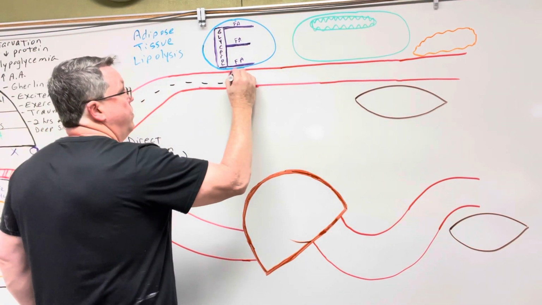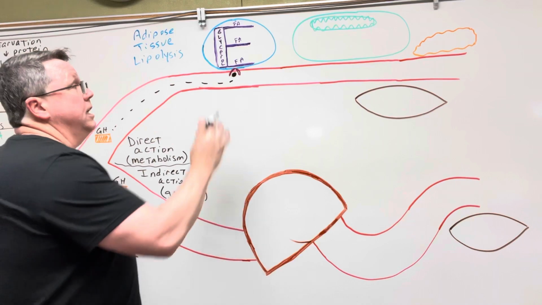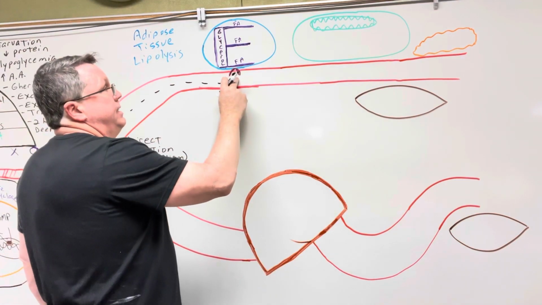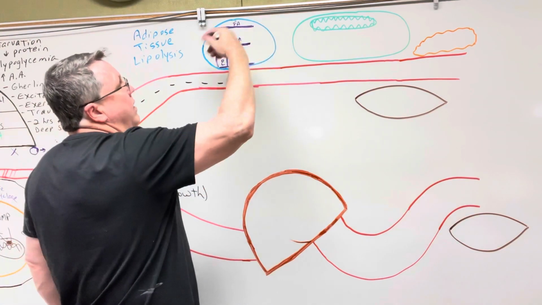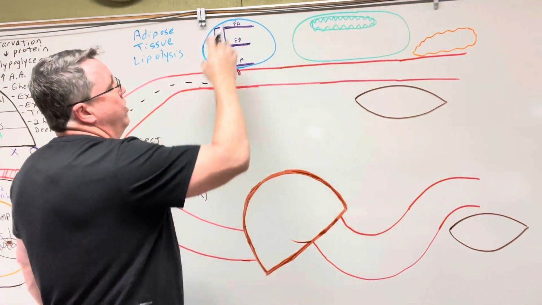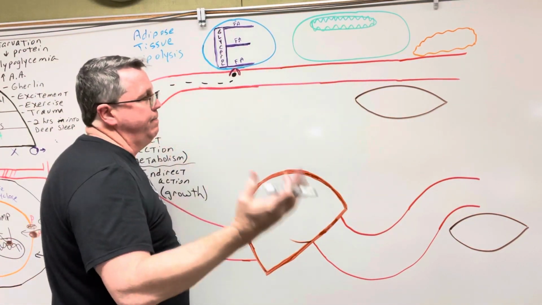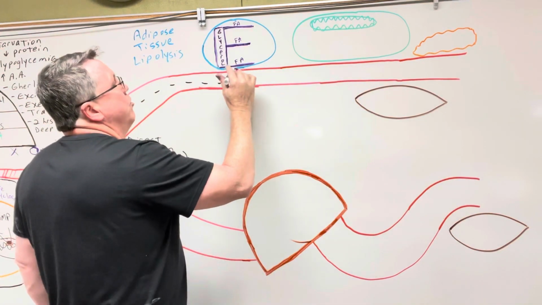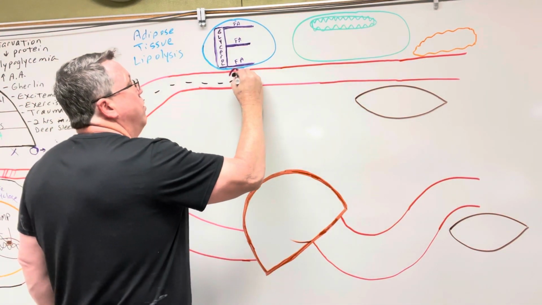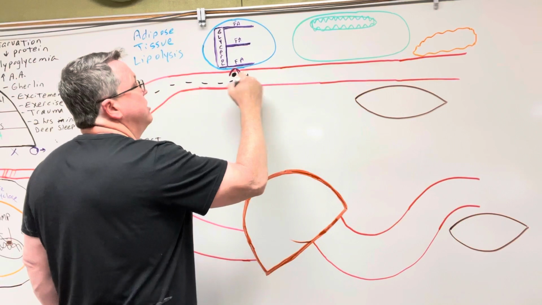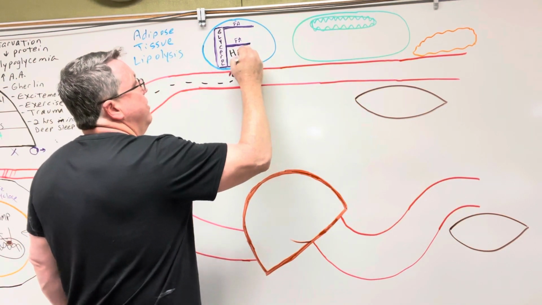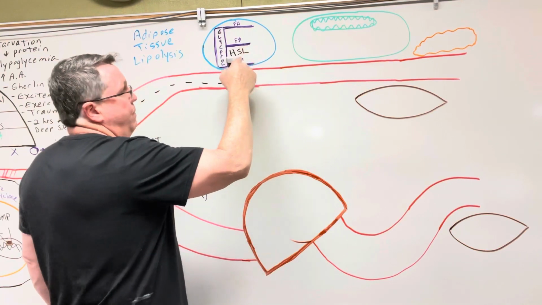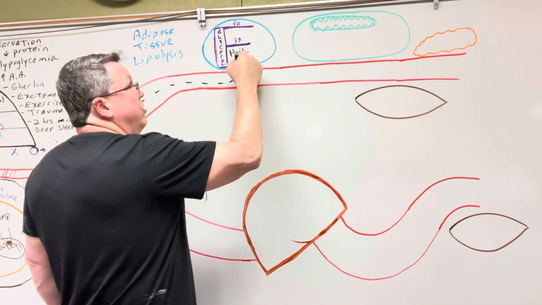So boom, and it's going to activate it. By the way, I'm making it look like there's just one triglyceride in there. There's many in there, okay? But for the most part, when the growth hormone attaches to this receptor, it's going to activate an enzyme called hormone-sensitive lipase.